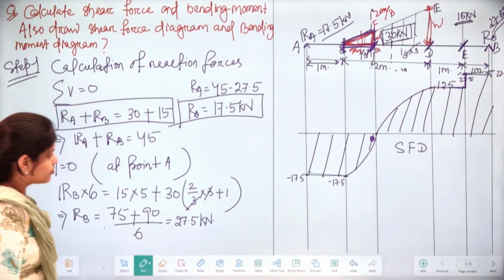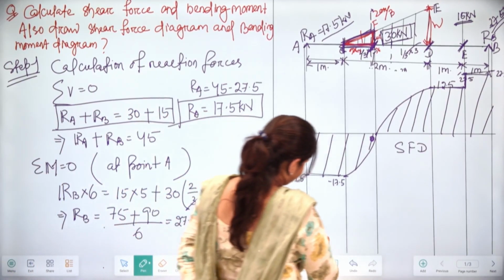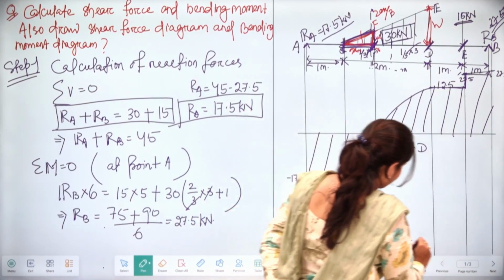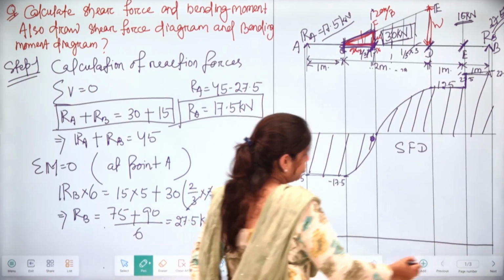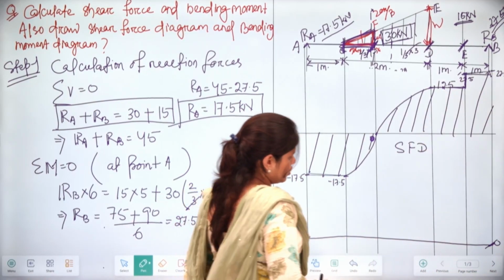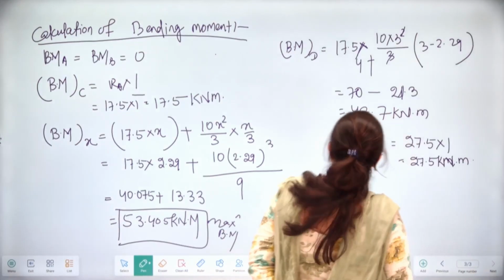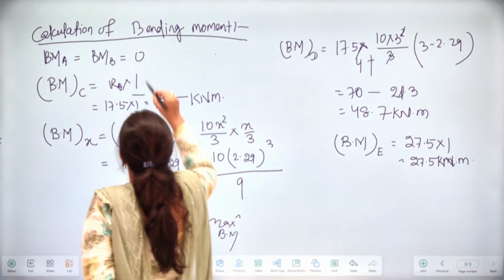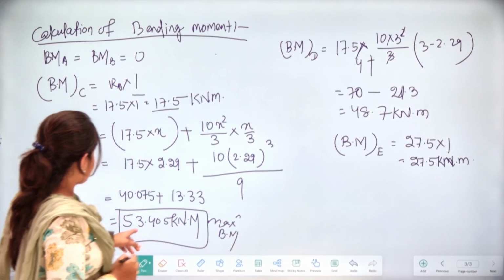Next work is to draw the BMD. We know that end supports BMD will be 0. Here also 0. This is 17.5. Next 53.40.